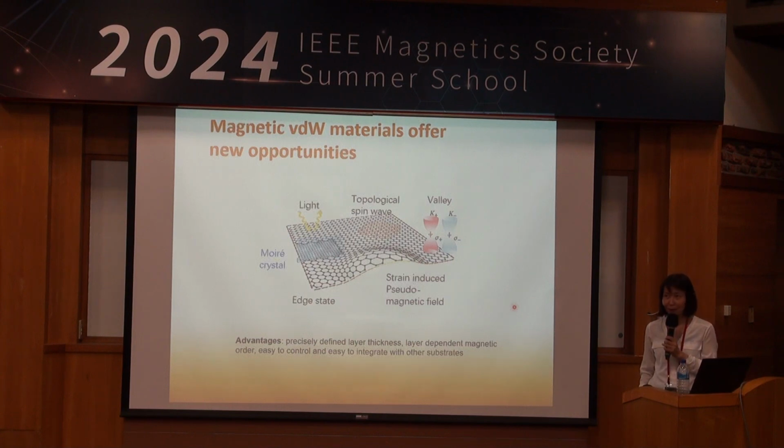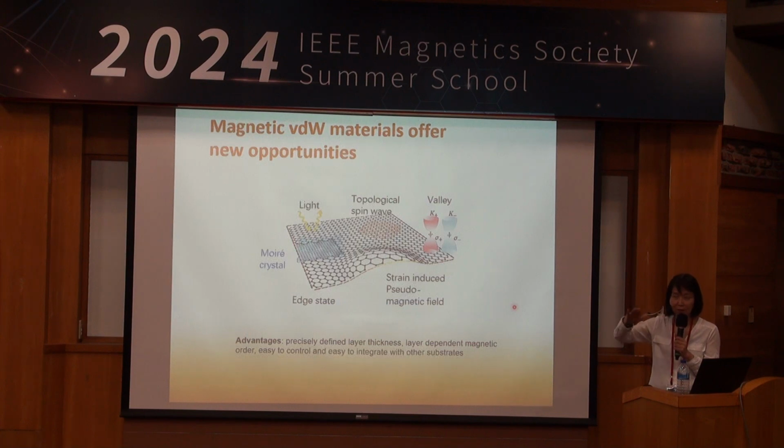So we've heard about tuning magnetic property using strain. These van der Waals materials, so first of all, how many of you have heard all the fuss about van der Waals material? Raise your hand. Yeah, less than half of you. The van der Waals material is a class of material that has very strong in-plane bonding, but very weak bonding between the planes.